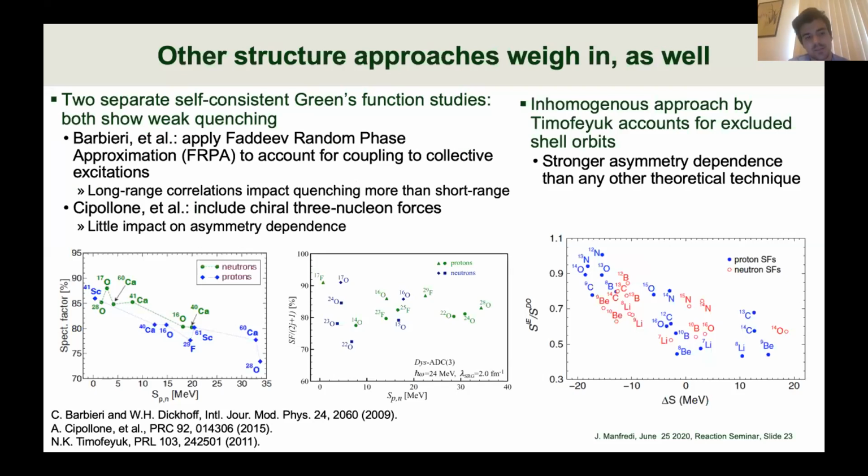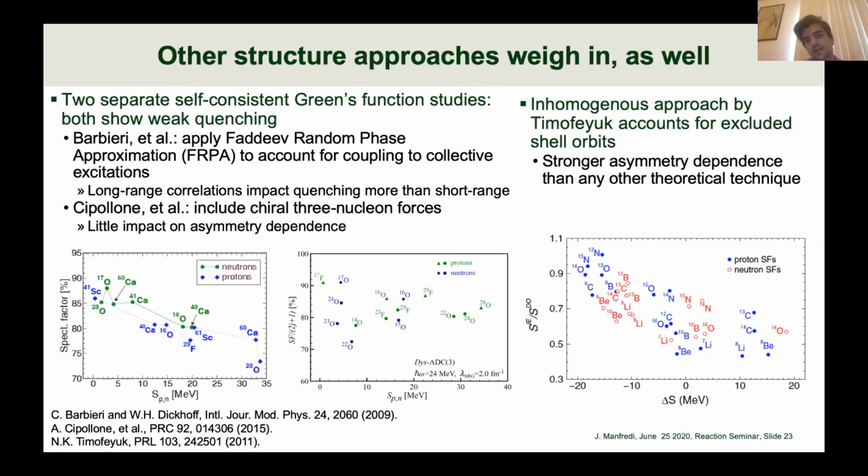The dependence seems to be there. And Cipollone and collaborators added in some chiral 3-nucleon forces, which are plotted here as a function of proton and neutron separation energies, same as with the previous plot. And they found that including these 3-nucleon forces had actually little impact on that asymmetry dependence.